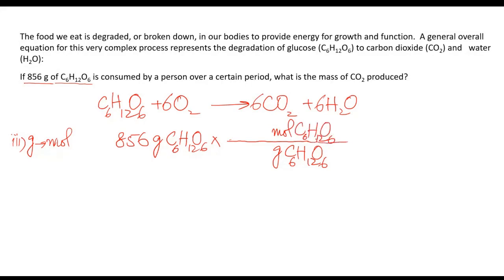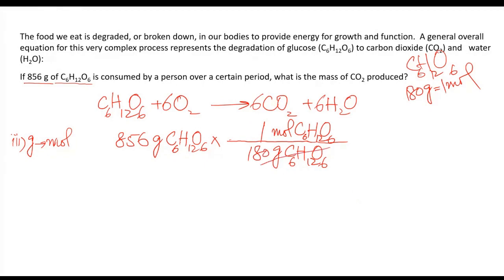Now I told you when you change gram to mole or mole to gram, you have to calculate the molar mass of this compound. So what is the molar mass of glucose? 180. Very good, 180 gram. So 180 gram is equal to 1 mole. So 1 with mole and 180 with gram.